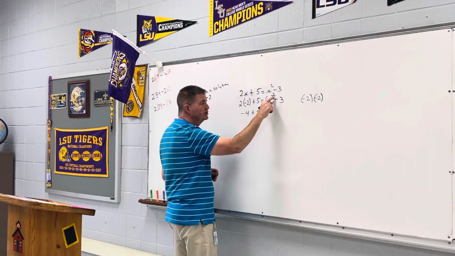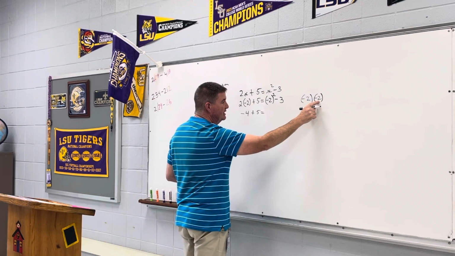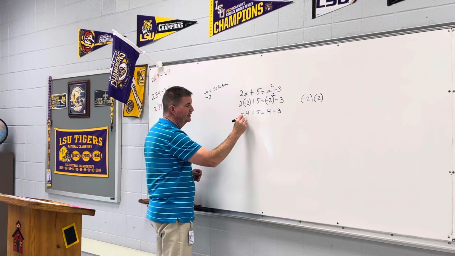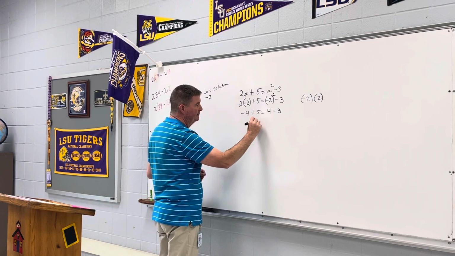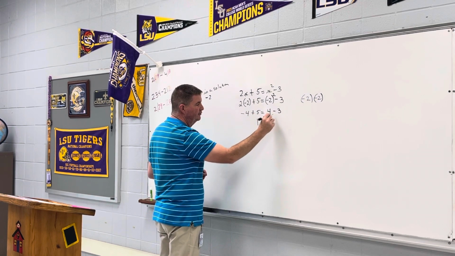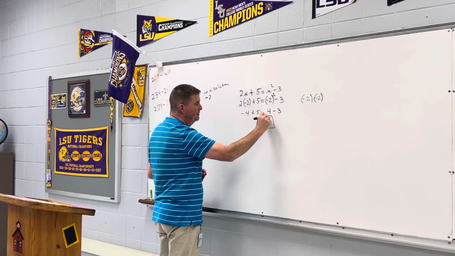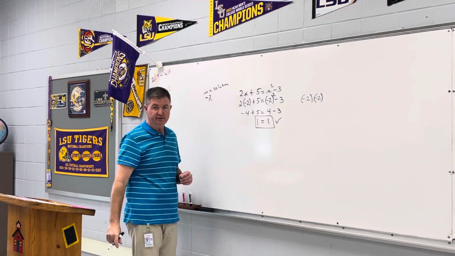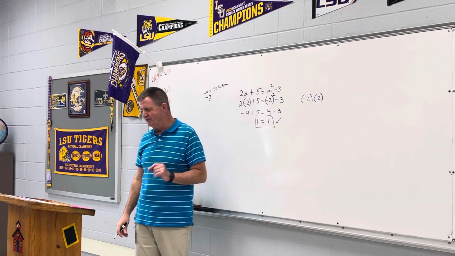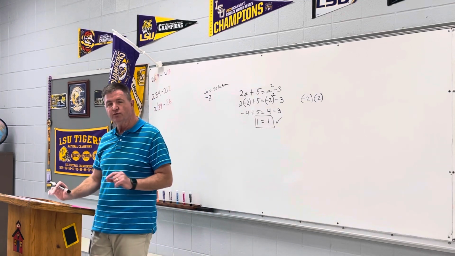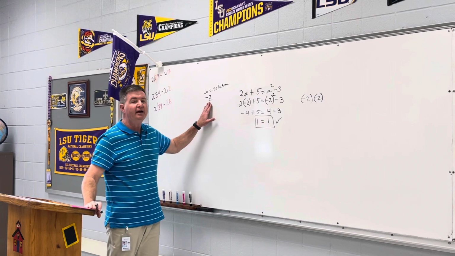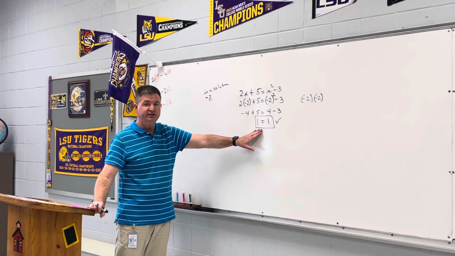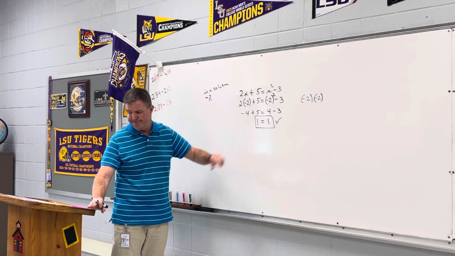And negative 2 times negative 2 is positive 4, minus 3. Negative 4 and 5 gives me 1 equals negative 4 plus 3 equals 1. This indeed checks out, so negative 2 is a solution to that problem. That's what they want to do for the first part. They just want to find out if we plug the numbers they're asking into the equation itself, is the equation going to be equal on both sides?